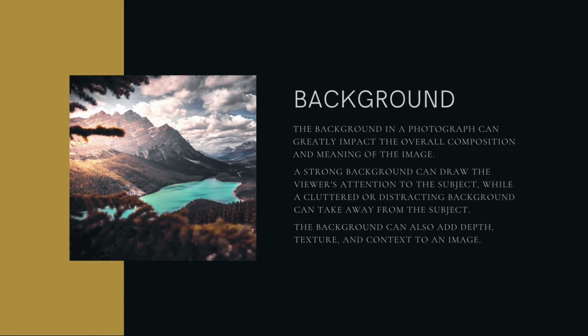Background. The background in a photograph can greatly impact the overall composition and meaning of the image. A strong background can draw the viewer's attention to the subject, while a cluttered or distracting background can take away from the subject. The background can also add depth, texture, and context to an image.